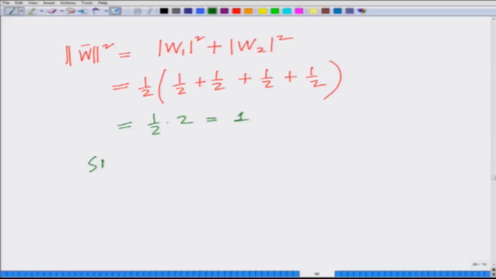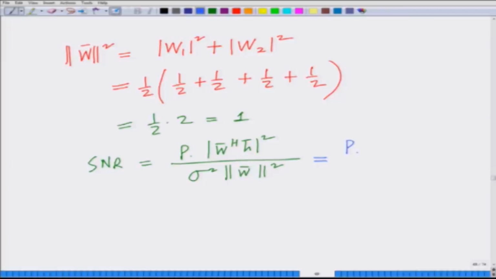And therefore the SNR equals p times magnitude w bar Hermitian h bar whole square divided by sigma square times norm w bar square, which is equal to p times 2 divided by, now sigma square as we had seen previously is half, norm w bar square is 1.